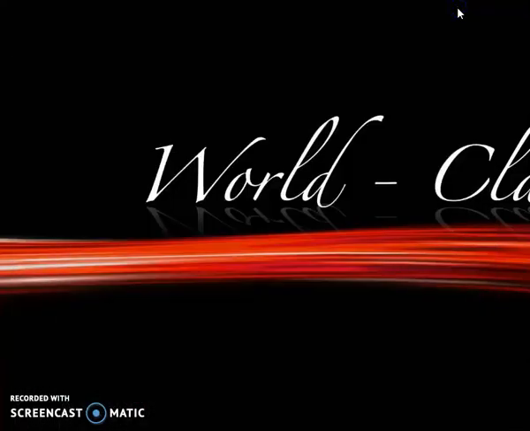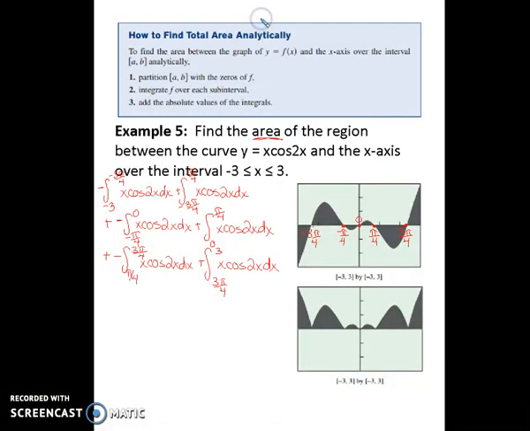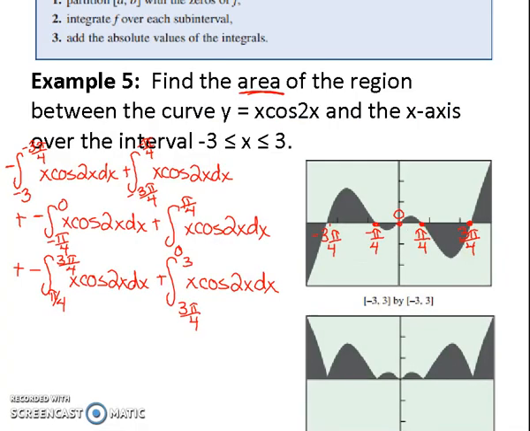So the total area is 5.425, which is also the answer we would have gotten if we had done these 6 individual integrals and pieced them together, making the negative ones the opposite sign when we need to.